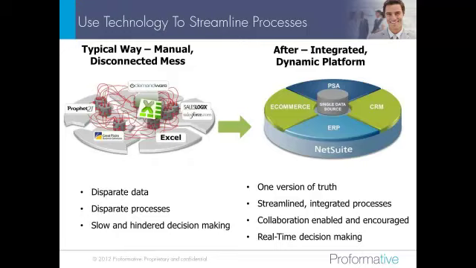Finance can look into the sales data, sales can look into the finance data, inventory management or manufacturing can have real-time visibility so they can serve their customers better, and so on and so forth, once you have an integrated platform to run your business. And most importantly, you have real-time visibility so you can make decisions on the real data, not on data that was a month old or a quarter old. Whatever you're looking at is what it is right now, so you're making the right decisions.